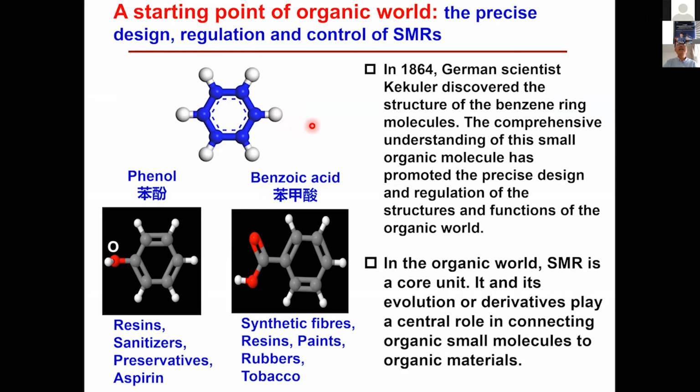Therefore, we can precisely design and control the structures and functions of organic molecules, such as synthesizing phenol, benzoic acid, and many derivatives from those small molecules. So we can have a wide range of materials such as resin, synthetic fibers, paints, rubbers, and also drugs like aspirin and so on.